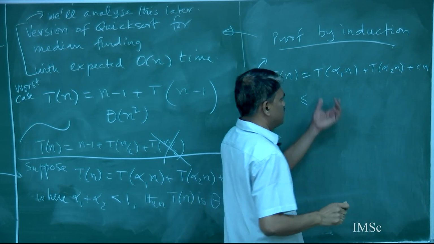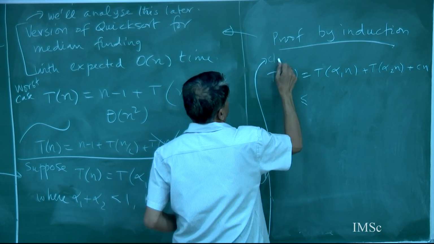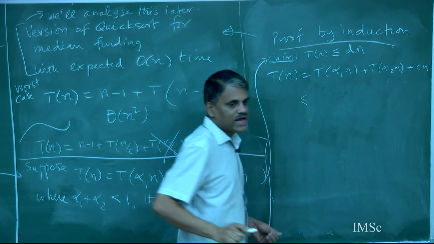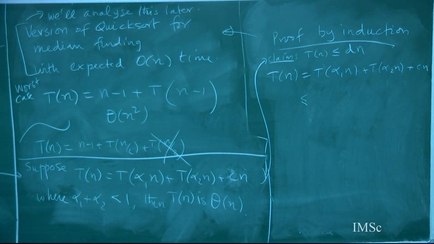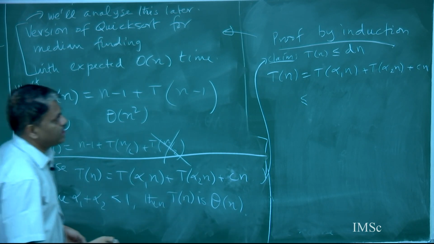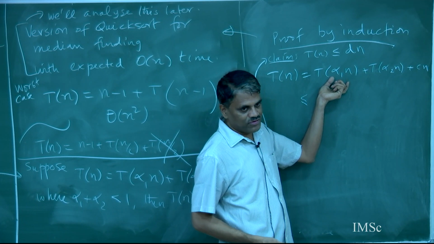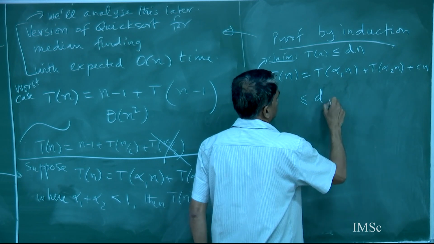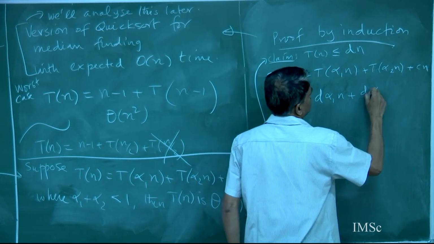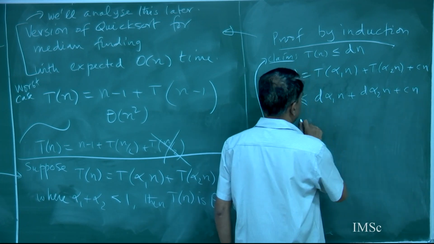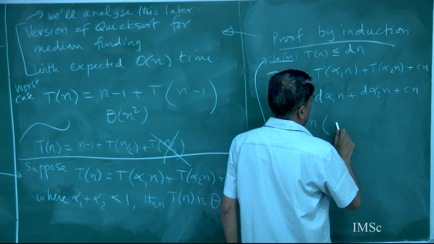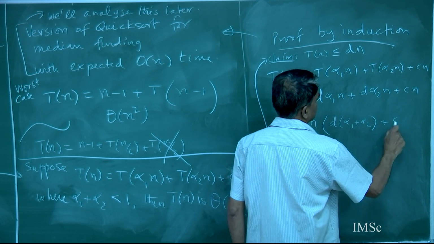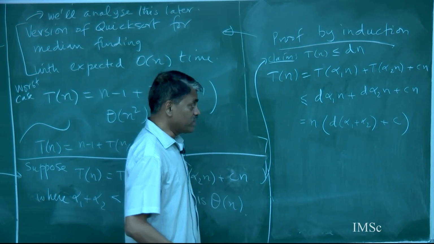Let's assume the claim is some d times n. I want to give a linear upper bound. Let's assume T of n is at most d times n. Then by the induction hypothesis, T of alpha 1 n is d times alpha 1 n, plus d times alpha 2 n, plus Cn. So this is equal to n times d into alpha 1 plus alpha 2, plus C. And I want this to be less than or equal to what?